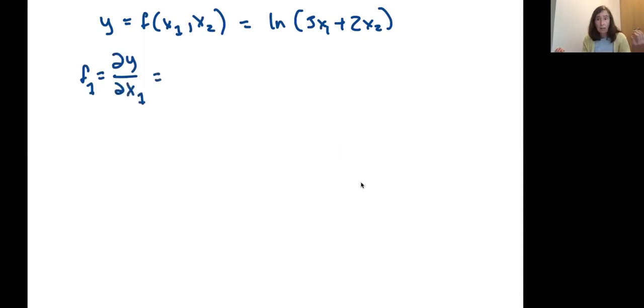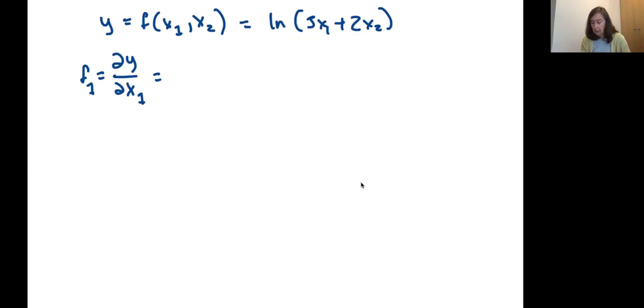And what did I say I was going to do? If I'm taking the derivative with respect to x1, I'm going to treat that x2 just like it's a constant. It could be a number, and that is not just what we're doing computationally, it's what we're doing logically in our minds. If I keep the x2 constant, I'm not letting it change, how does a change in x1 affect my y variable? So just take that derivative the way we always have.